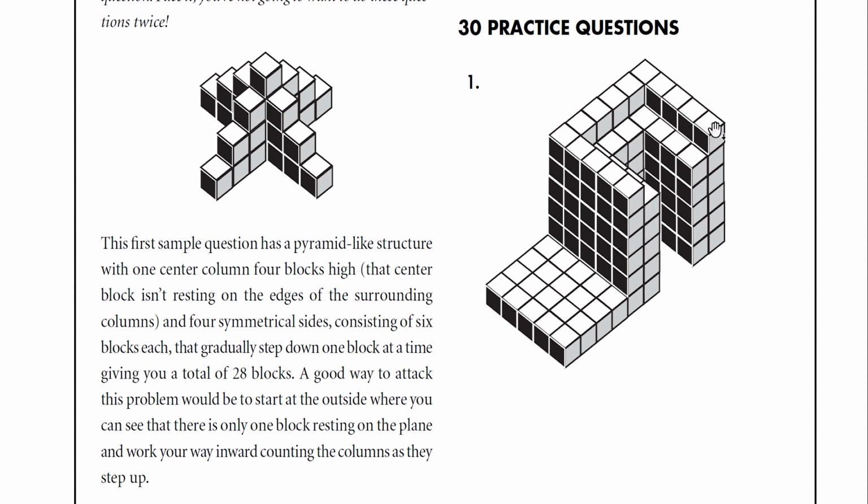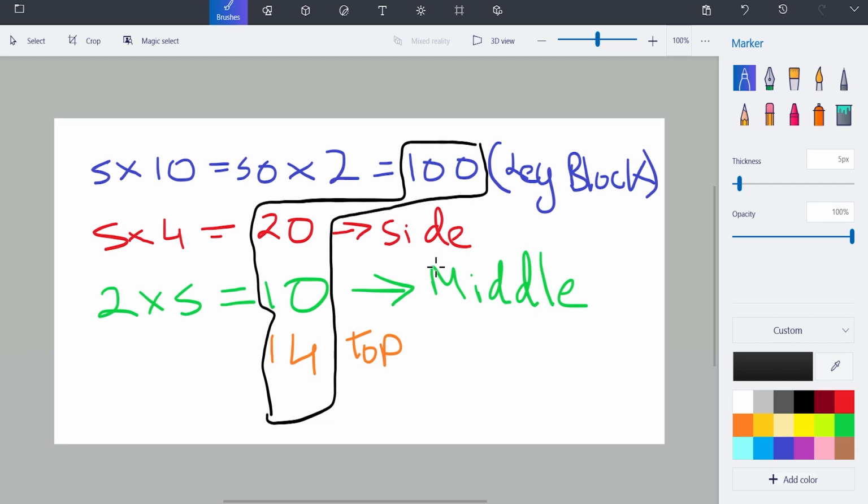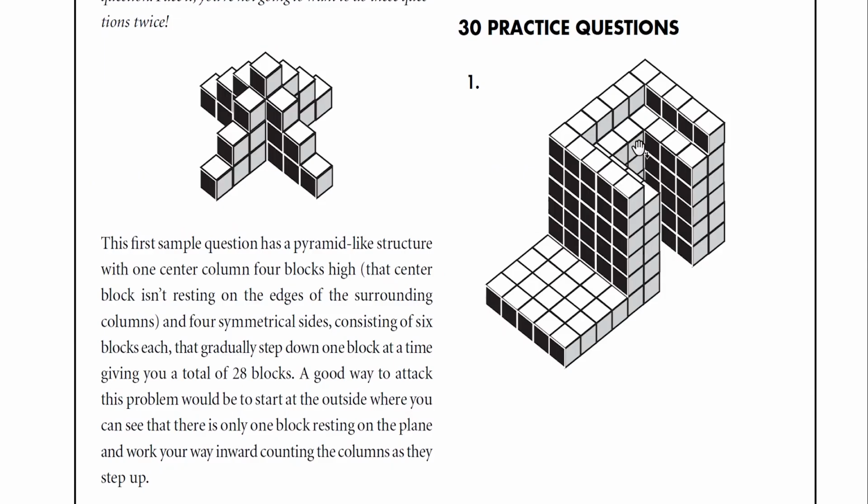What's the top total? 1, 2, 3, 4, 5, 6, 7, 8, 9, 10, 11, 12, 13, 14. So that's correct. And the 2 in the middle is going to be 2 into 5. So that's 10.